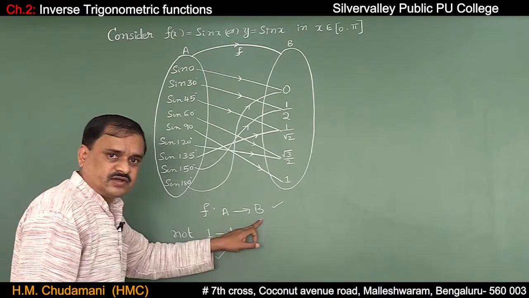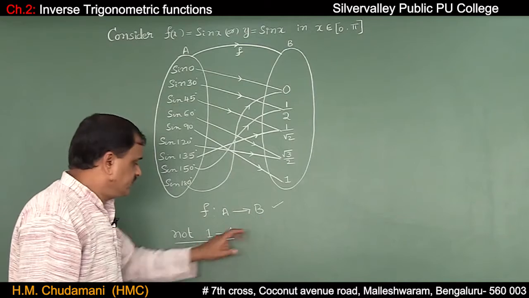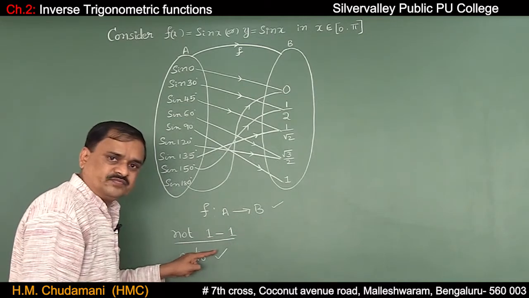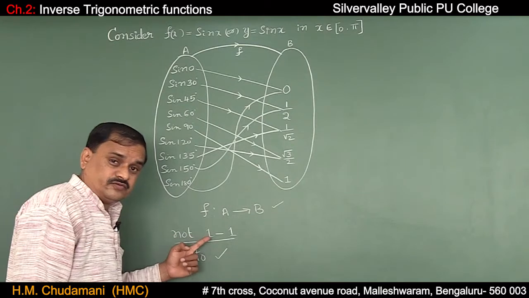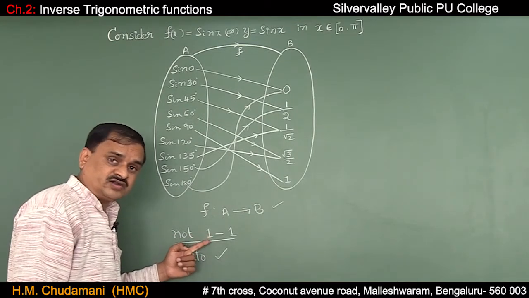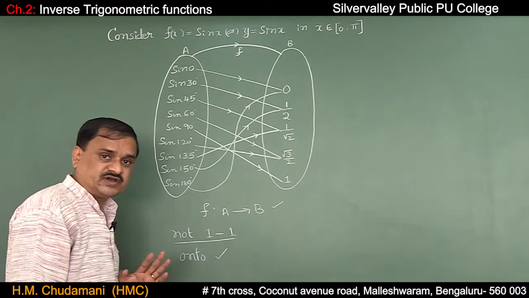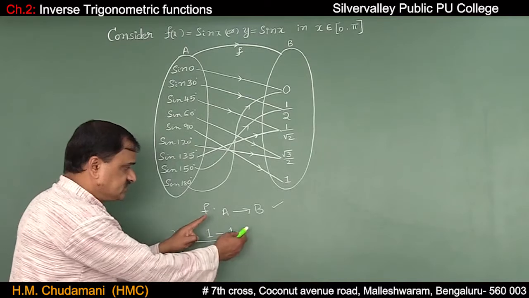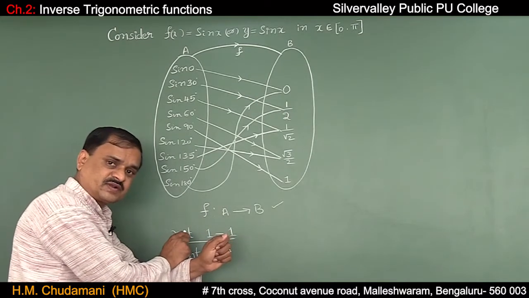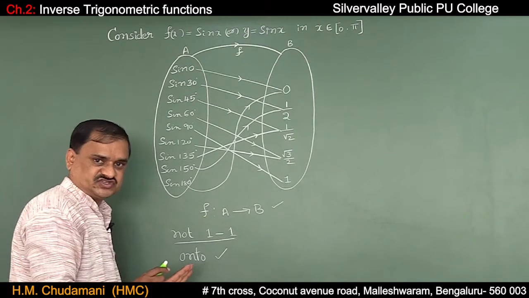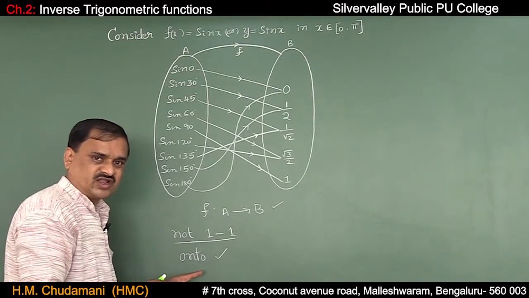f is a function from A to B. Since it is not one-one, it cannot be bijective. Since it is not bijective, the inverse of the function does not exist. That means the function from B to A does not exist. So it is not invertible.